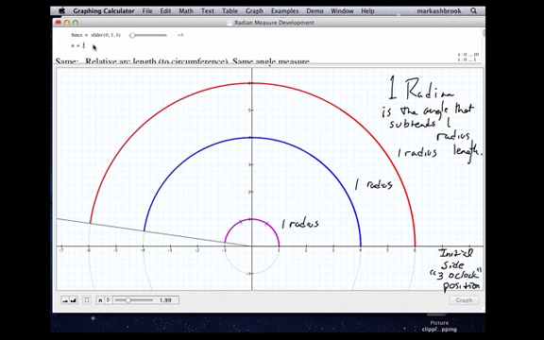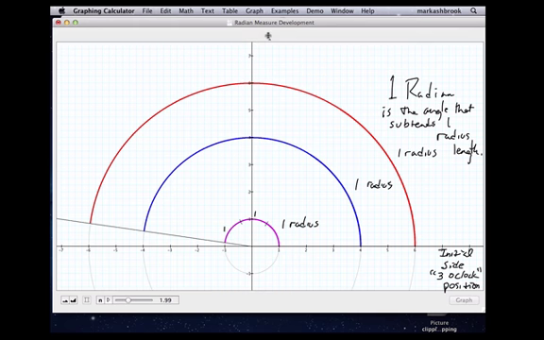Okay? So again, this is 1 radius length, and then I'm going to go further, another radius length, and then one more time. So what I want you to do is build a table.